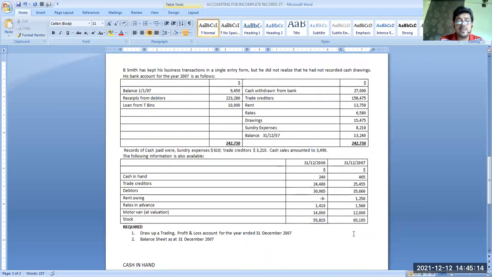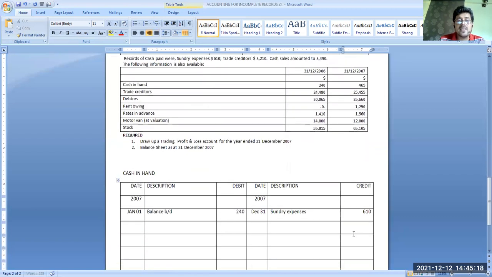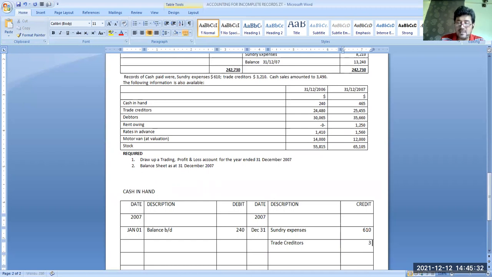Sundry expenses we paid from cash 610. Now we paid trade creditors 3,210. Trade creditors 3,210. Cash sales.